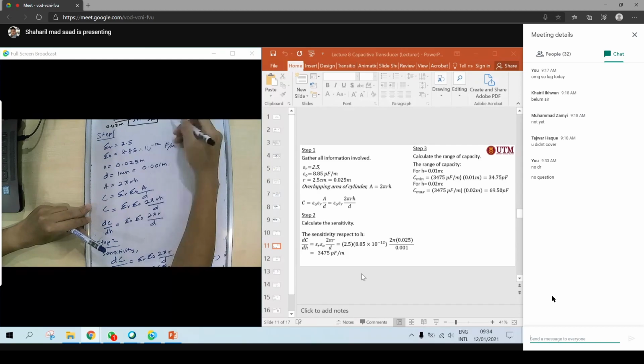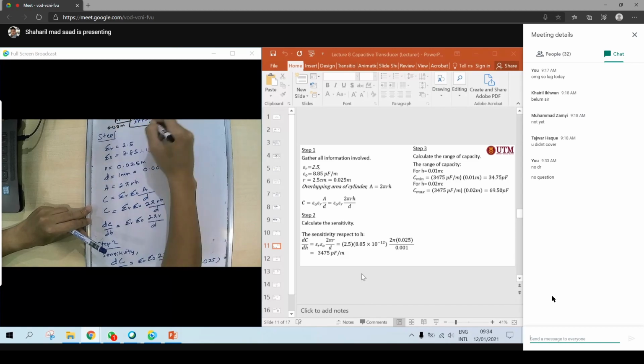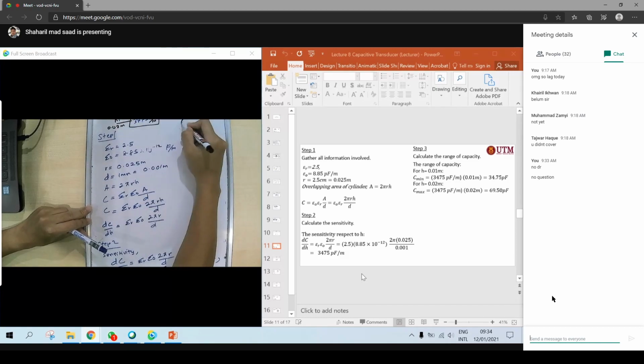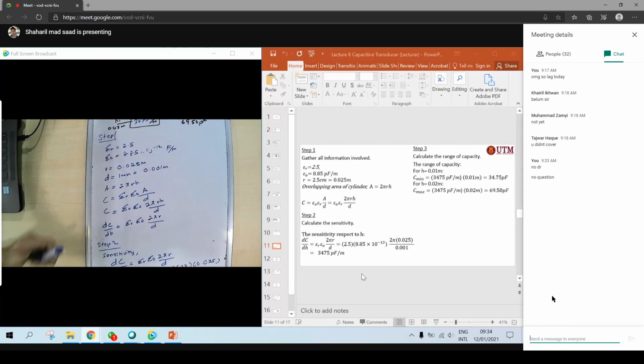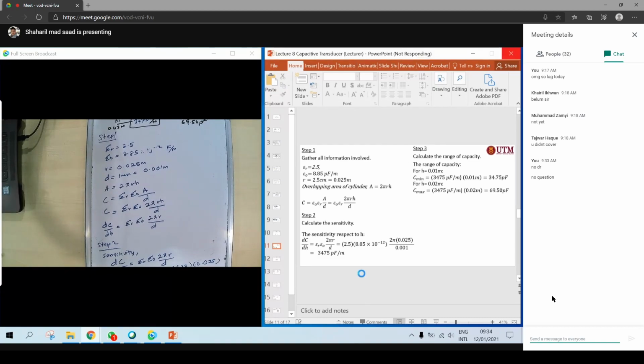So this one, you will get 34.75 picofarad, and for 0.02, you multiply by this one and you can get the answer. I think that one is straightforward, right? So you can get this capacitance value based on the height, based on this question.